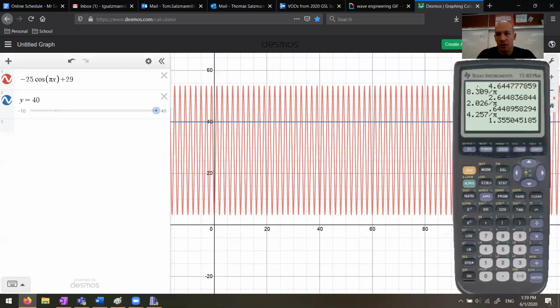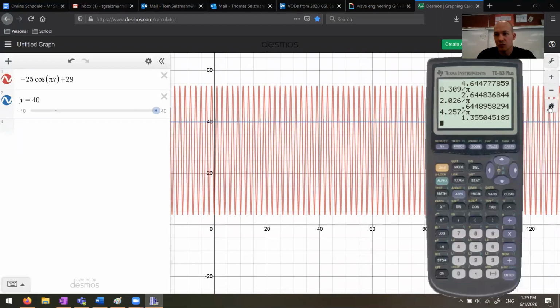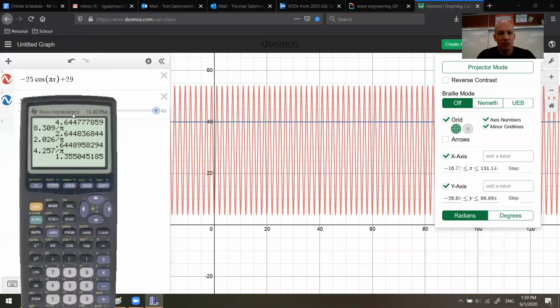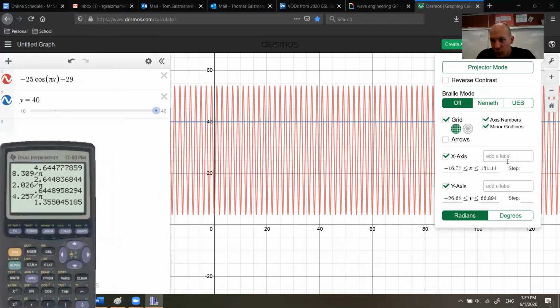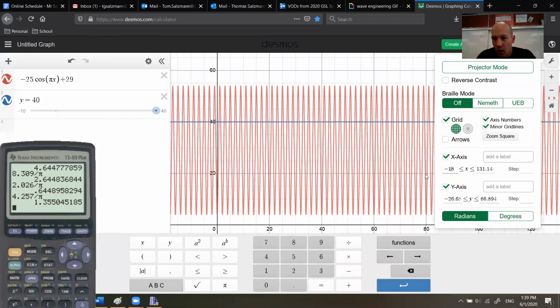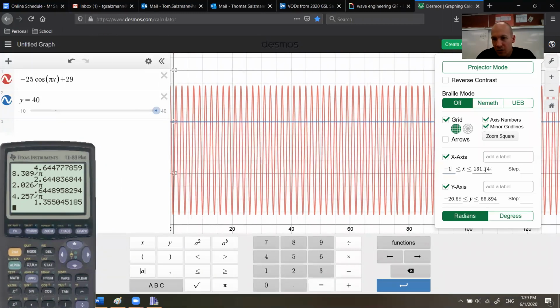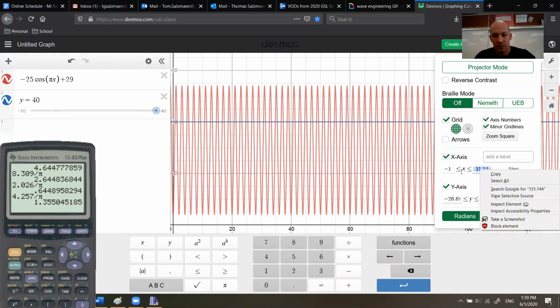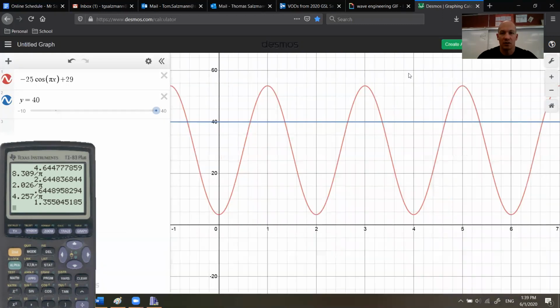Now, this window is really ugly, so let's change it. Let's get you out of here, graphing calculator. And let's change this window from x equals -1 all the way till 7. Okay, there we go. That's a much better graph.